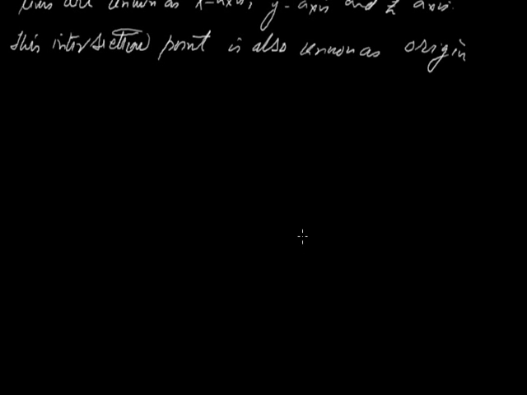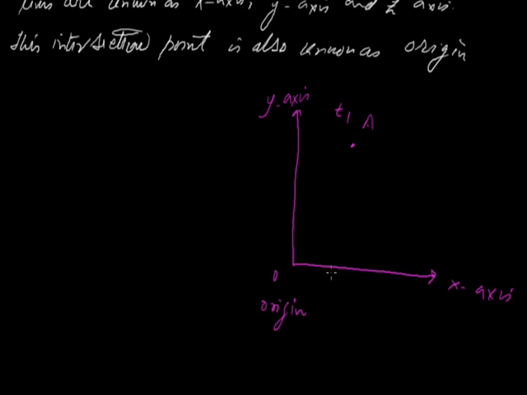For example, this one is the x-axis, this is the y-axis. At any instant, at time t1, an object is at point A. This one is the origin. Then the line joining the origin to that point is known as the position vector at time t1.